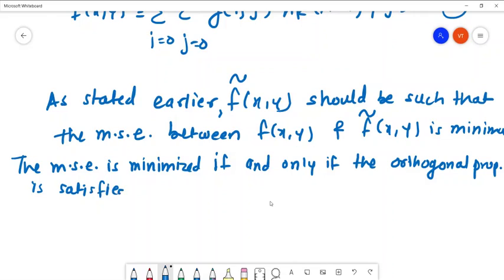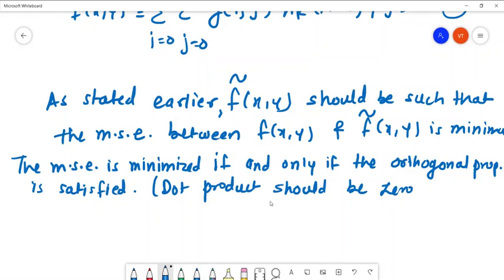Right? So what is the meaning of this? The dot product should be 0 for orthogonality, right?